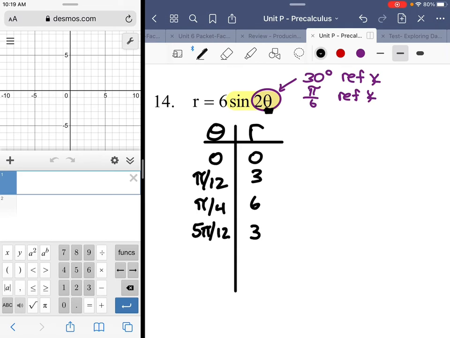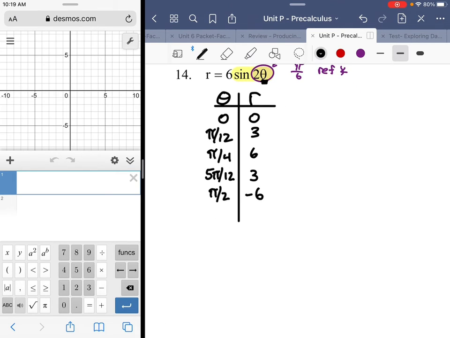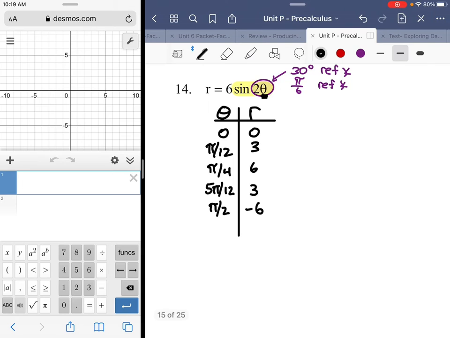The next nice value I would want would be pi, but again, in order to get 2 theta to be pi, I would have to plug in a pi over 2. So sine of pi, 2 times pi over 2, would be 0, so that would give me a 0.